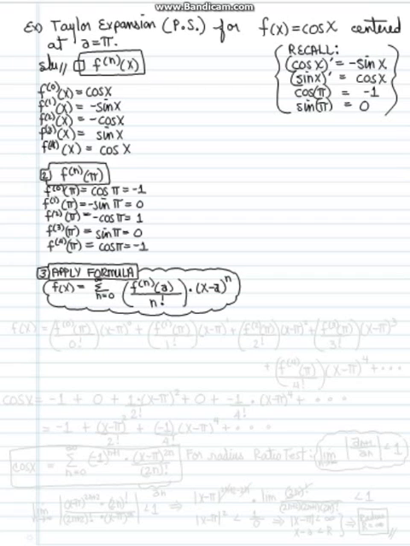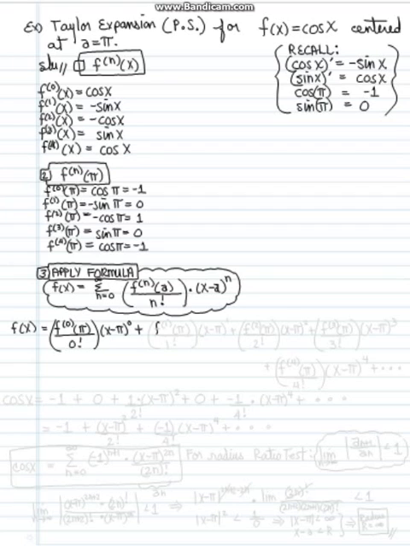We're going to let the center a equal pi, and we're going to fill in these terms. Let's actually expand this and see what it looks like. The f of x will be equal to the zeroth derivative evaluated at pi, divided by 0 factorial, and all of that times x minus the center pi to the 0 power.